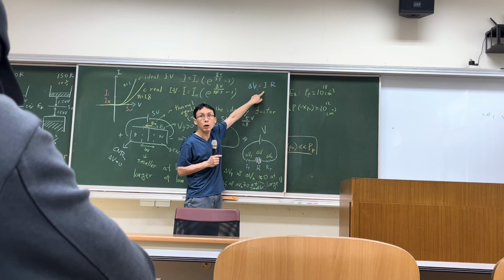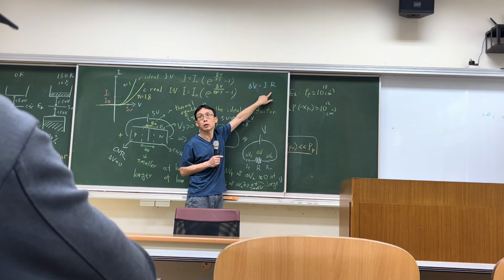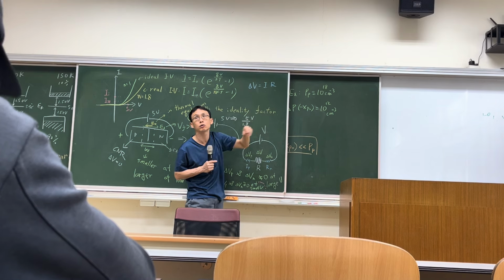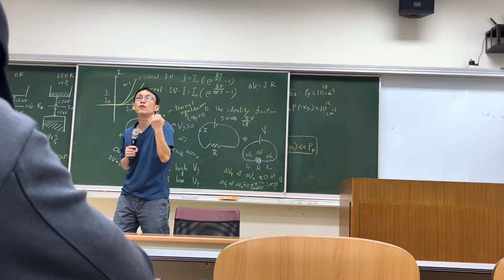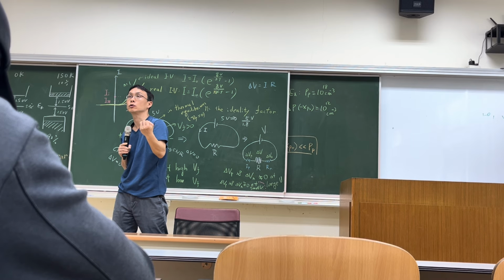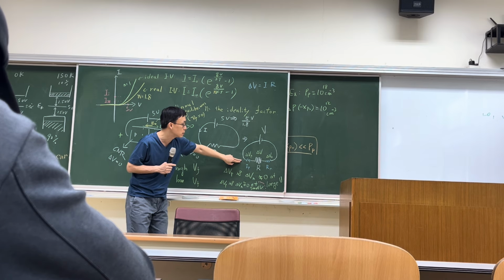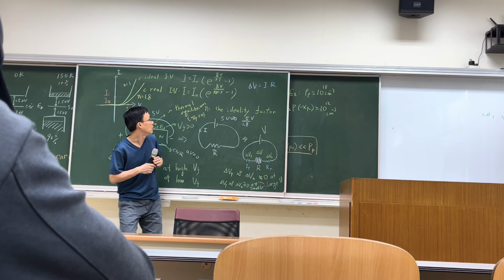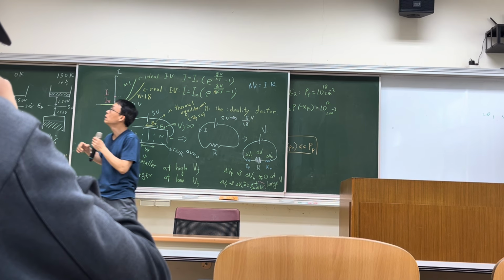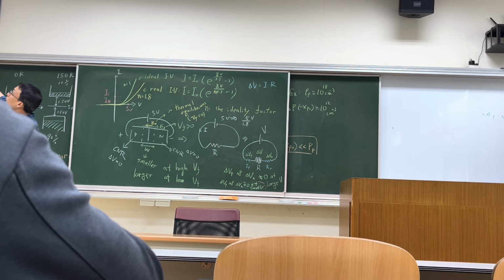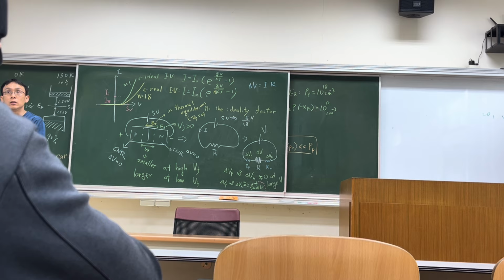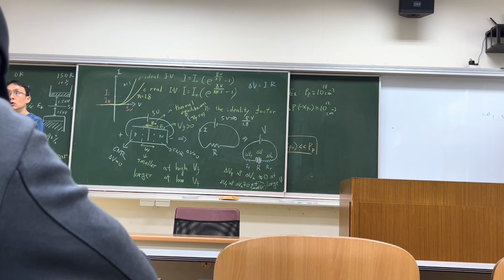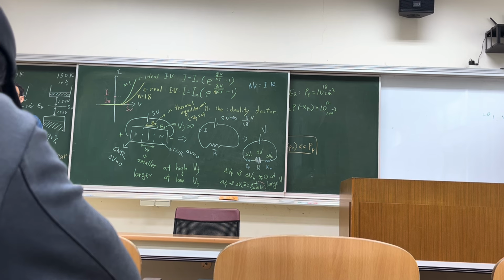When your I is very large, even if R is small, the large current times small R also gives you some finite voltage drop delta V. So this is the consideration you should have when the bias applied to the PN junction is high, which will make the current lower than you expect. Because in this case, when you have a finite drop in the quasi-neutral region, you will have less current.